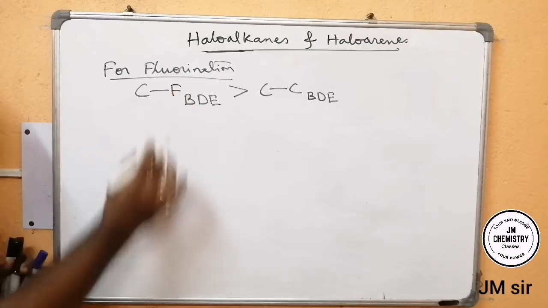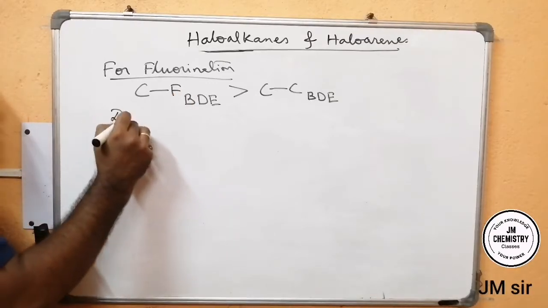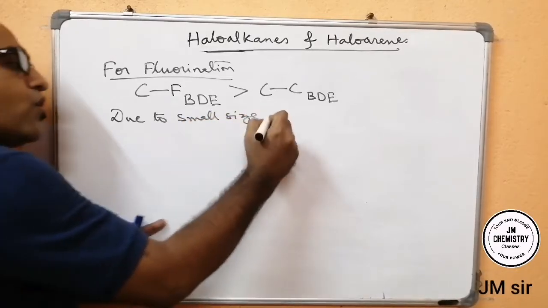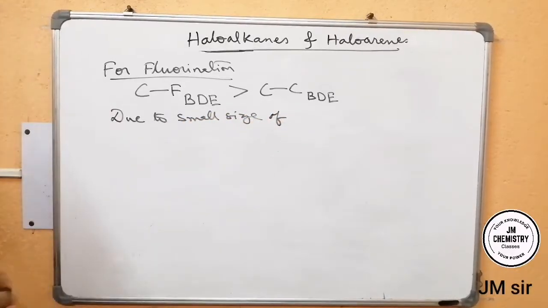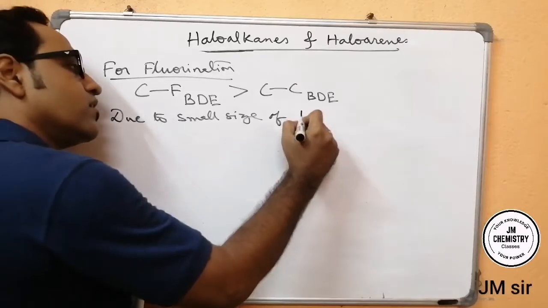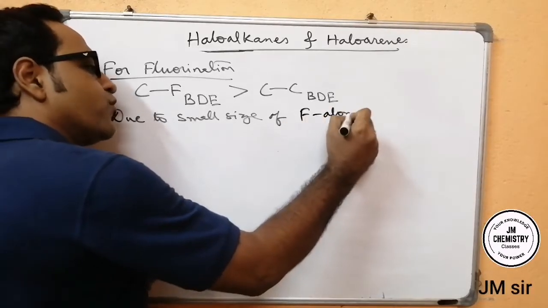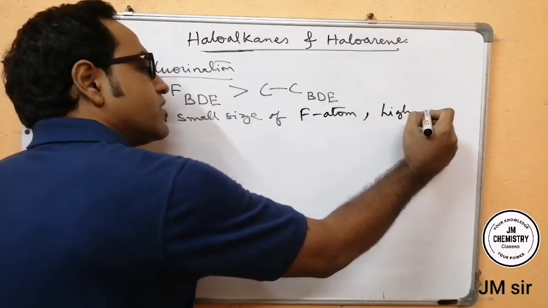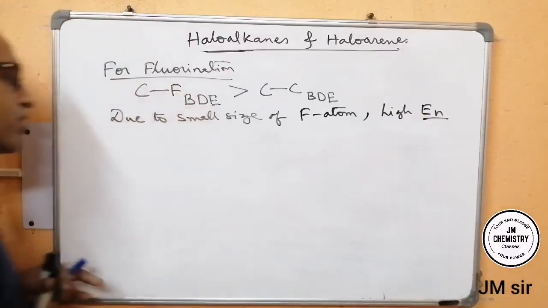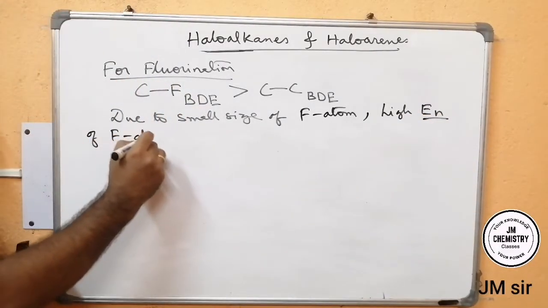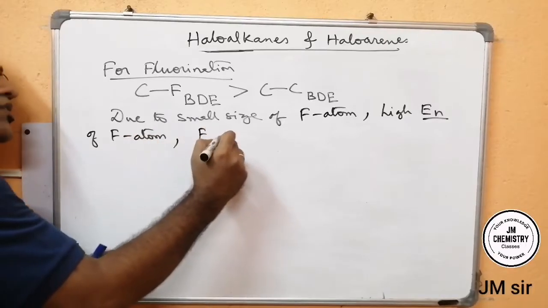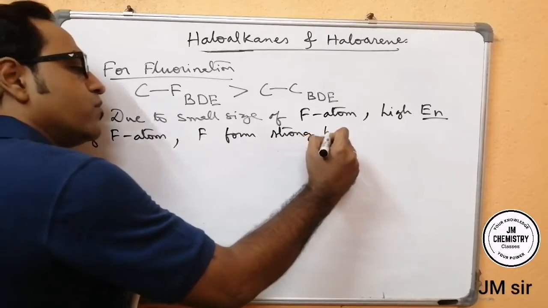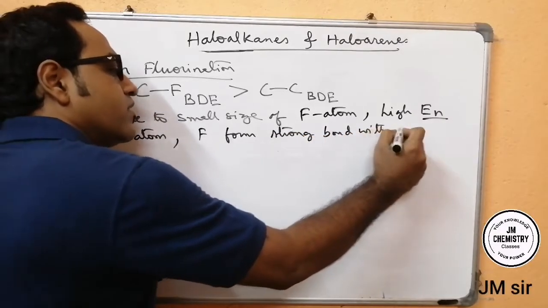It means due to the small size and high electronegativity of the fluorine atom, fluorine forms a strong bond with carbon.